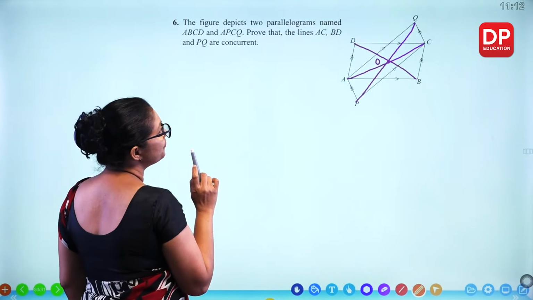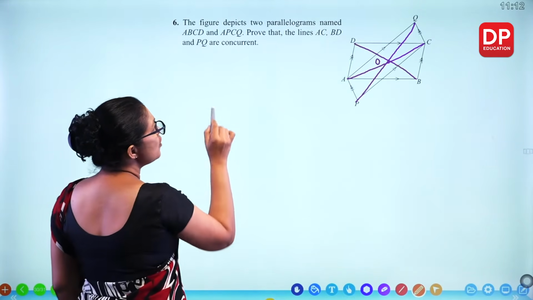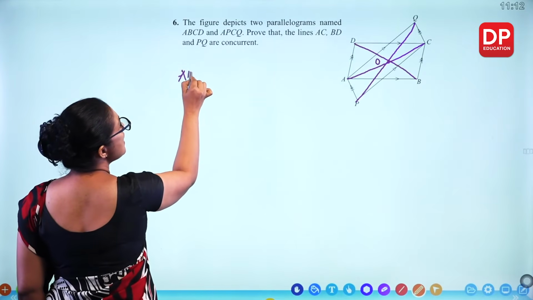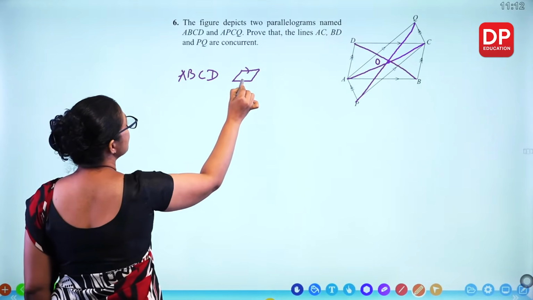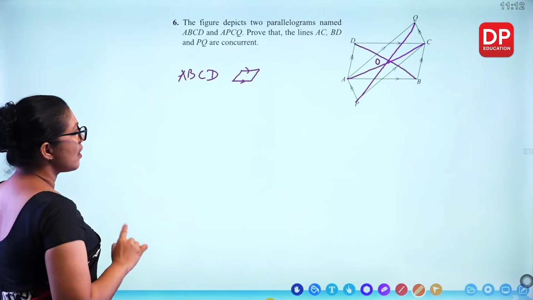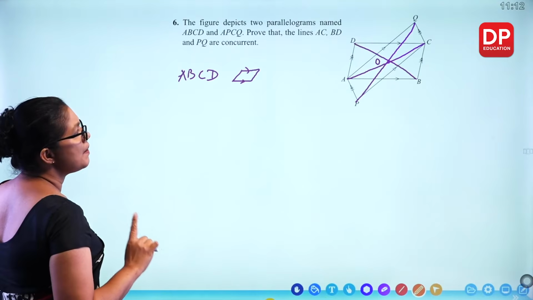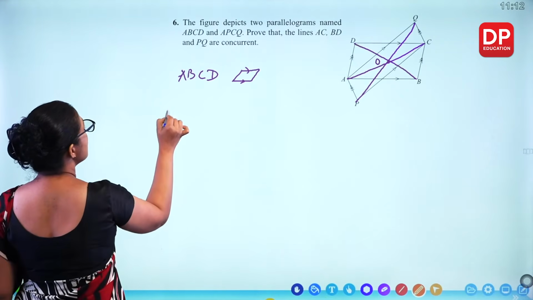We know when you take ABCD parallelogram, AC and BD are diagonals.